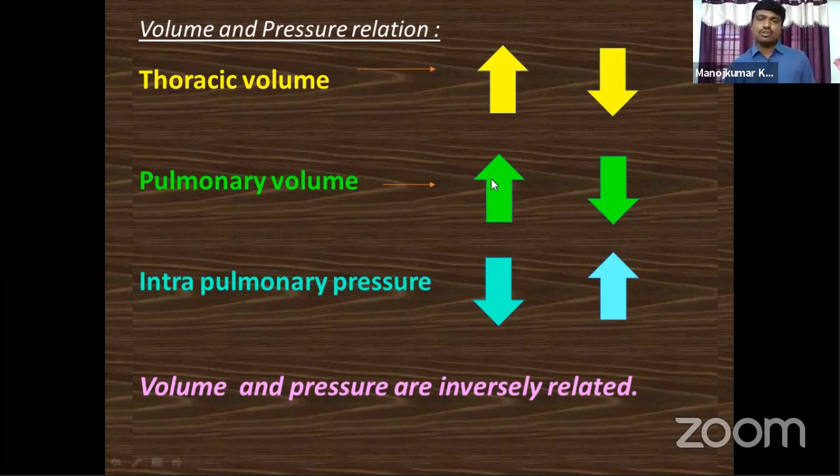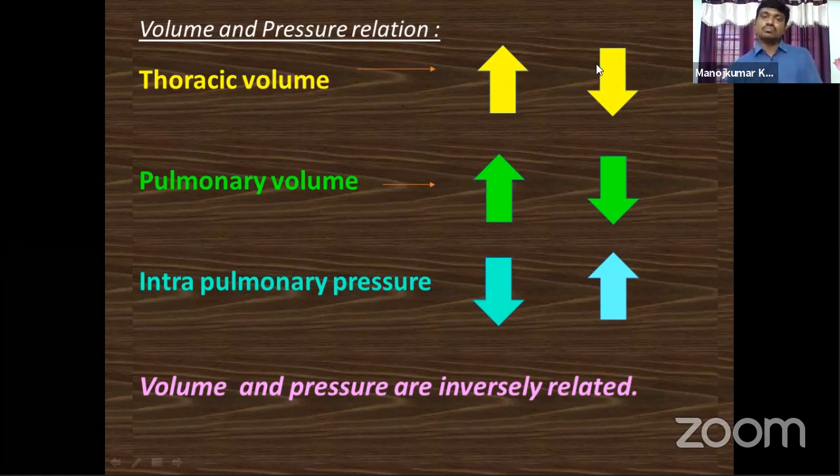If pulmonary volume increases, what happens to the air pressure inside the lungs? The intrapulmonary pressure decreases. So if volume increases, the pressure decreases.